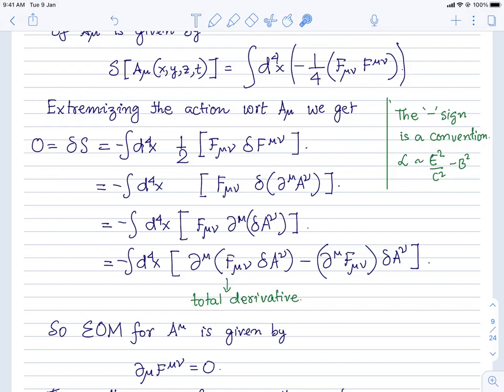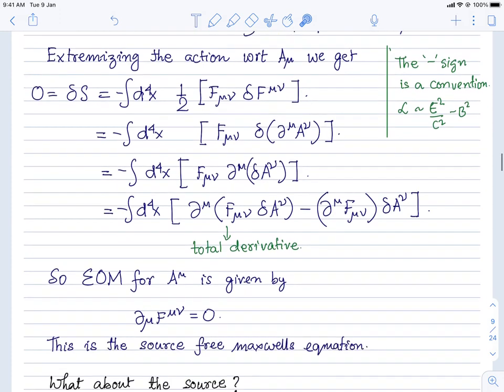This is tied intimately with the fact that you wish to give a manifestly relativistically covariant description of electrodynamics.